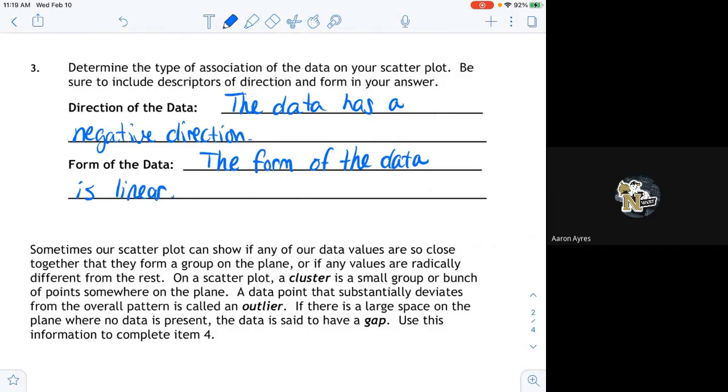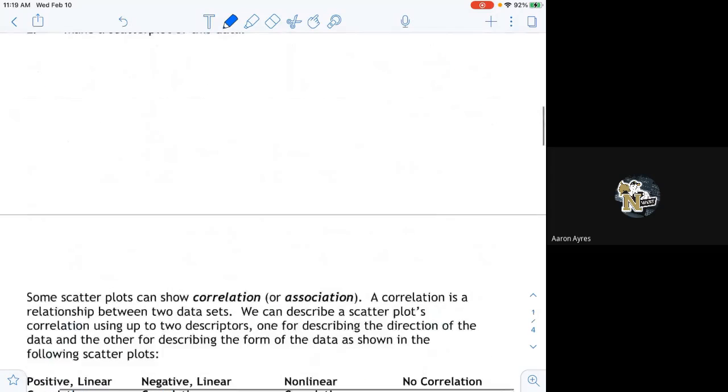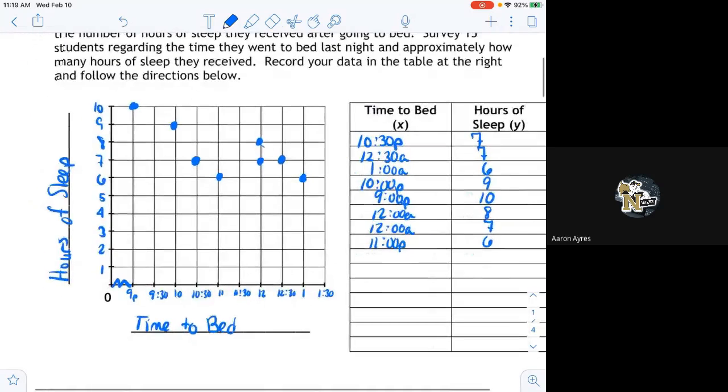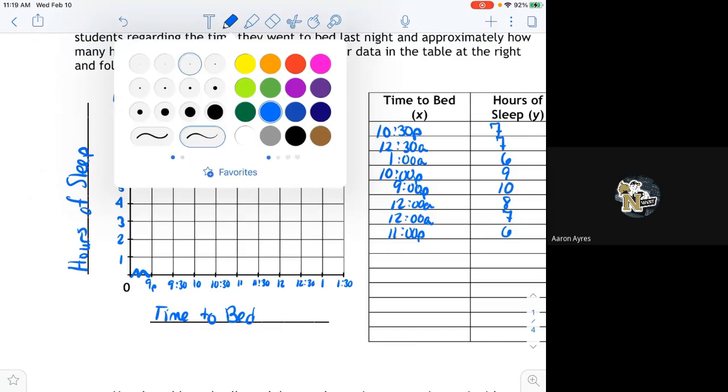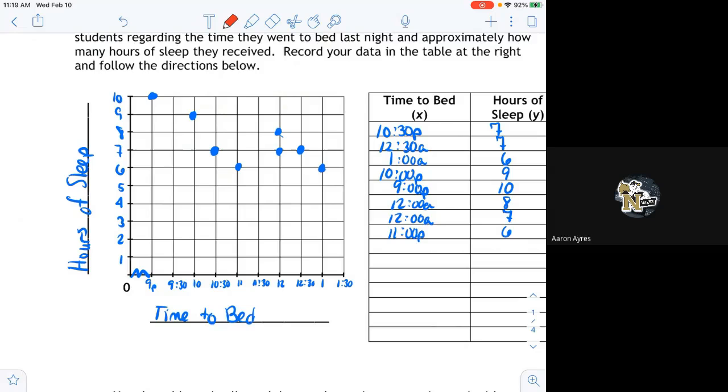And then finally, if you have any individual points or individual ordered pairs that are kind of by their lonesome and don't fit the overall pattern, we call those outliers. So, for our purposes, an outlier would be a point here where I might have gone to bed at, I don't know, 9:30, but I only got 2 hours of sleep.